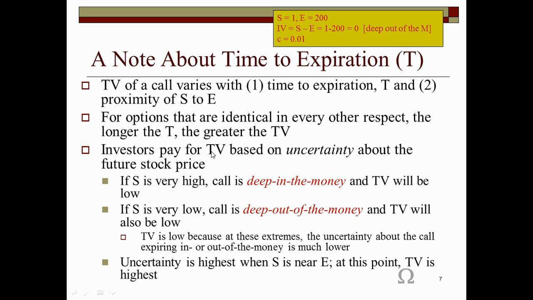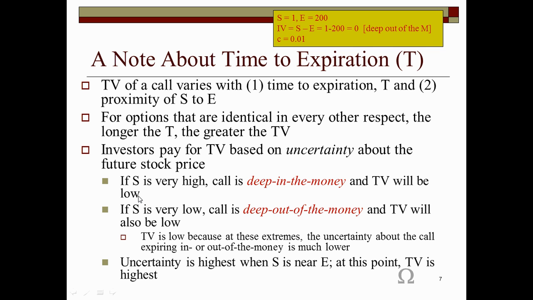Investors pay for time value based on uncertainty about the future stock price, in the sense that, one, if the stock price is very high and this call option is deep in the money, the time value would be low.